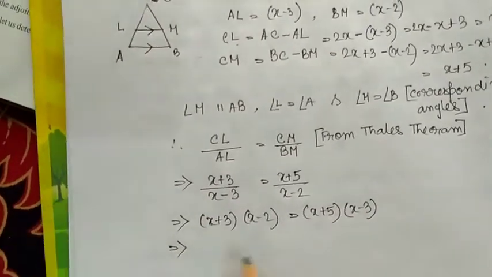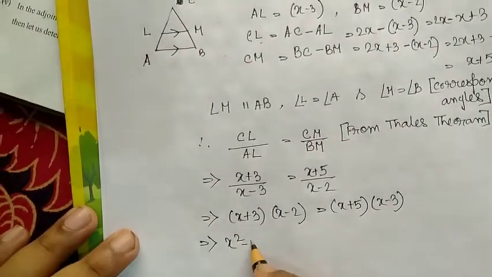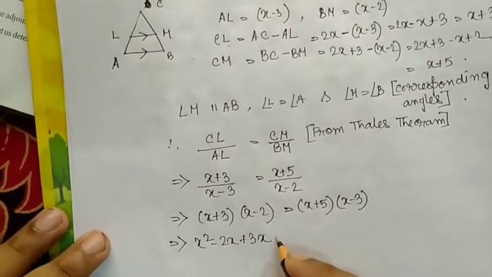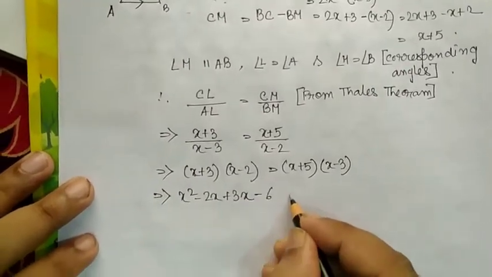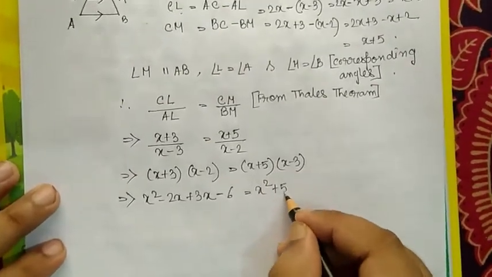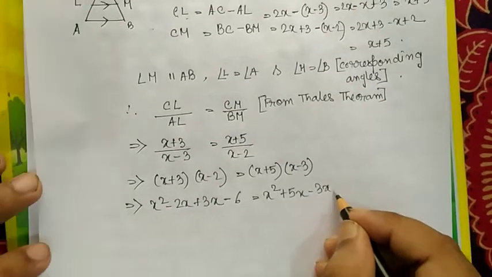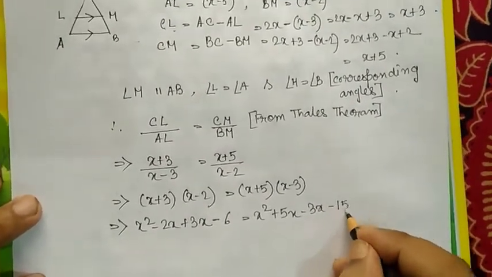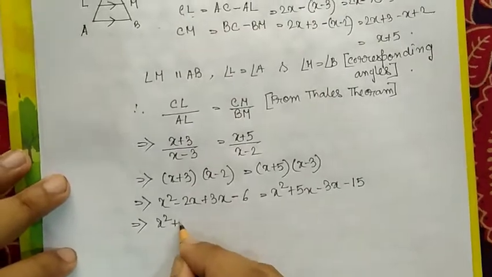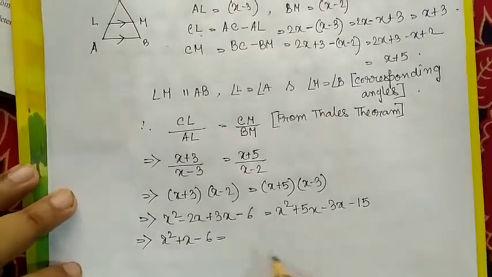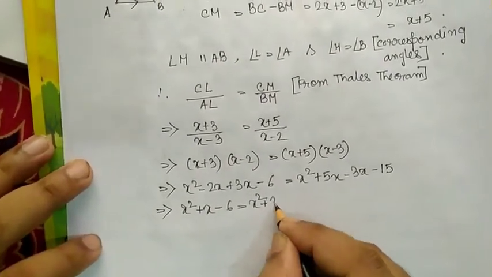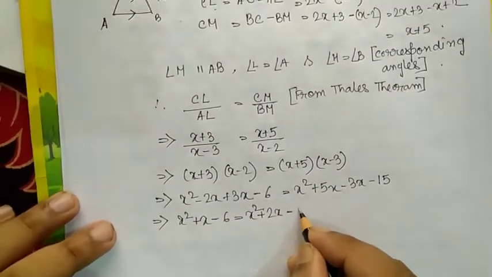Now opening those brackets, x into x, x square, x into minus 2, minus 2x, plus 3 into x, plus 3x, plus 3 into minus 2, minus 6. x into x, x square, 5 into x, plus 5x, minus 3 into x, minus 3x, minus 3 into plus 5, minus 15. x square plus 3x minus 2x means plus x minus 6 equal to x square plus 5x minus 3x means plus 2x minus 15.